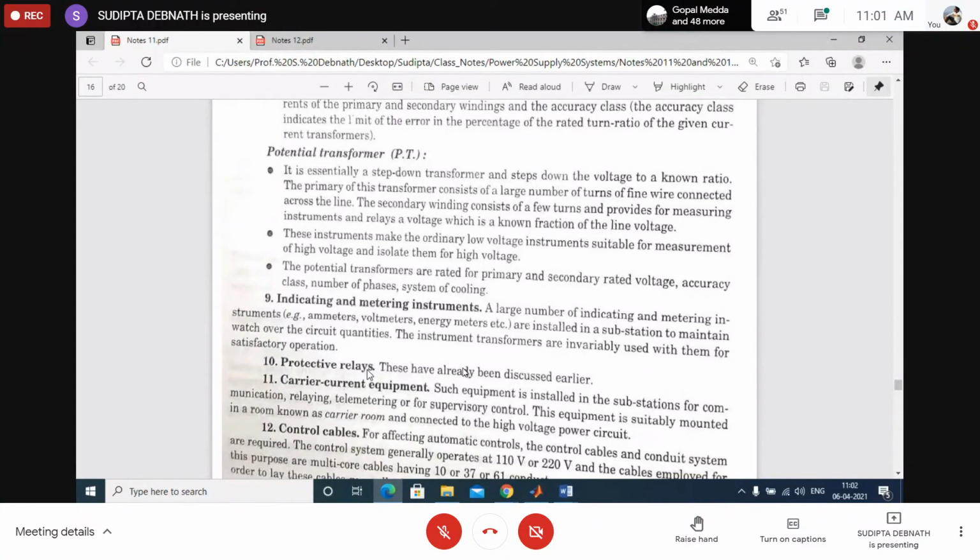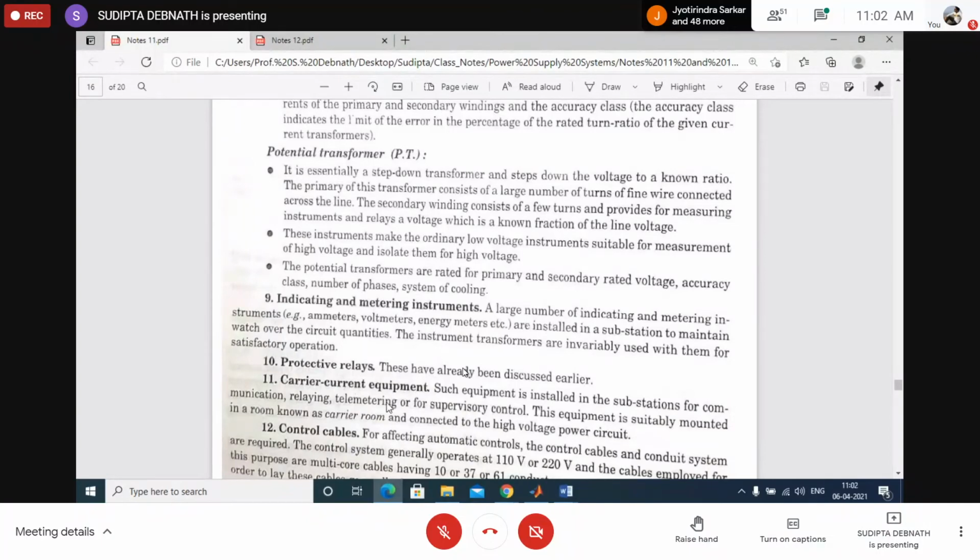But current, voltage, power, direction of power, anything is sensed by the relays. So the relay senses the current and sends the trip signal to the circuit breaker. It will simply open the circuit and close the circuit. So protective relays are an integral part of the substations.